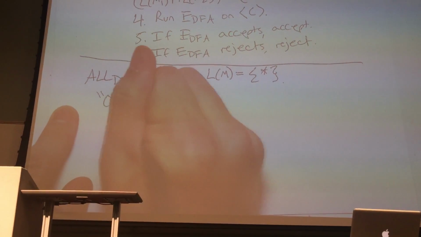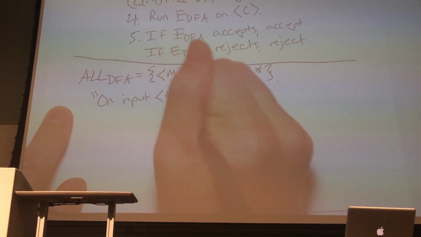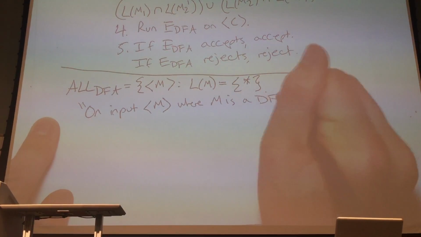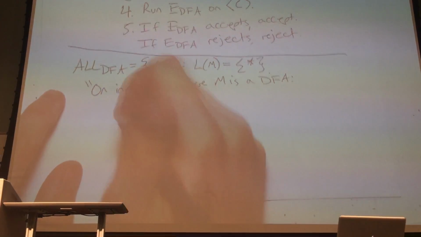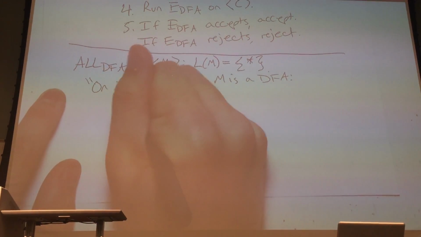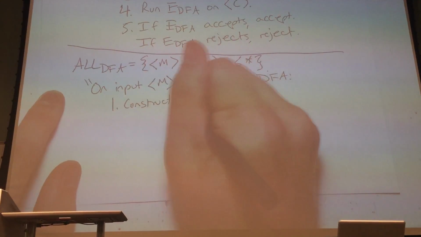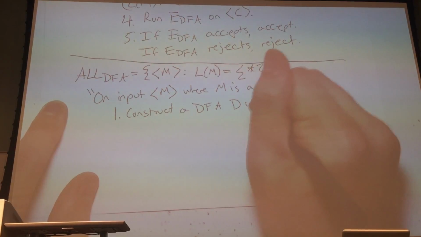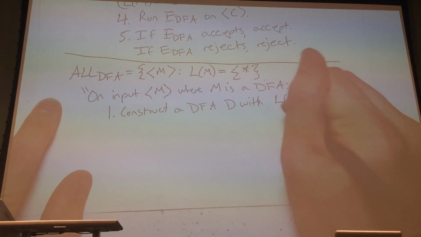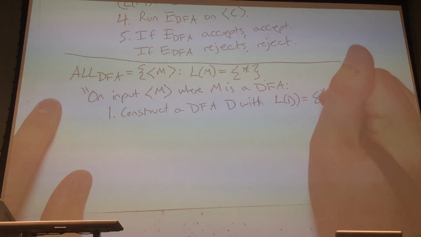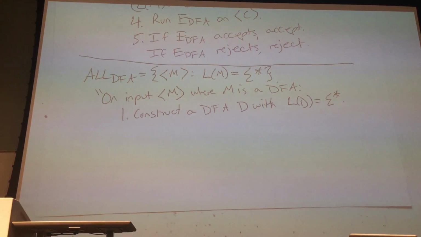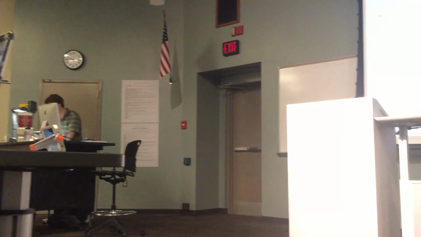So on input M, where M is a DFA, construct a DFA D with L of D equal to sigma star. And since we showed that EQ DFA was decidable, then we can actually just run that like before.